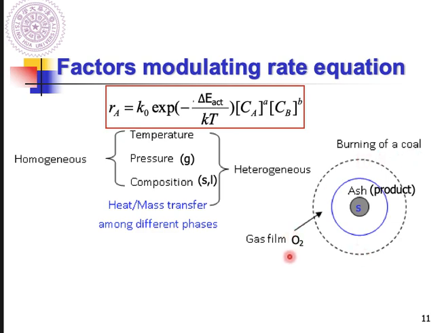So the gas oxygen needs to diffuse through this film layer to arrive on the surface of this coal and start the chemical reaction, which means the oxygen reacts with carbon to generate carbon dioxide, right? And these reactions will consume the mass of this coal. So the diameter of this coal will get smaller, so it will be like this small.